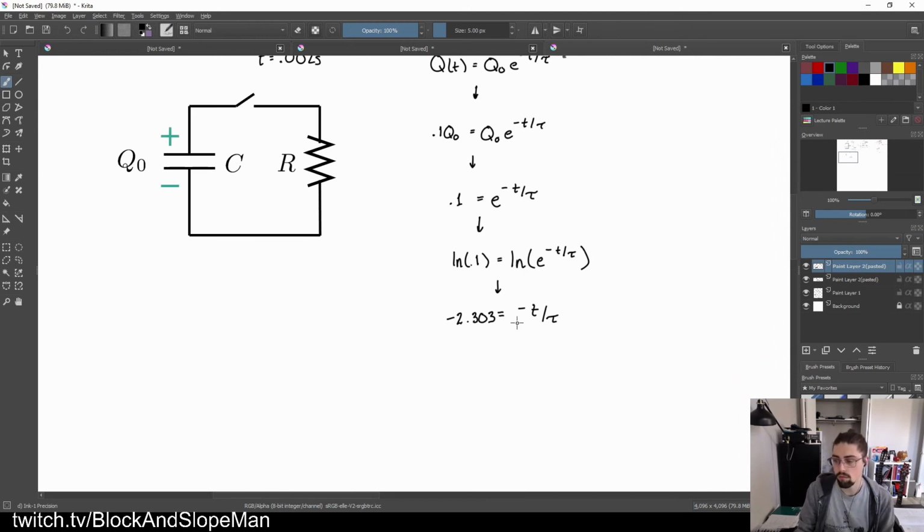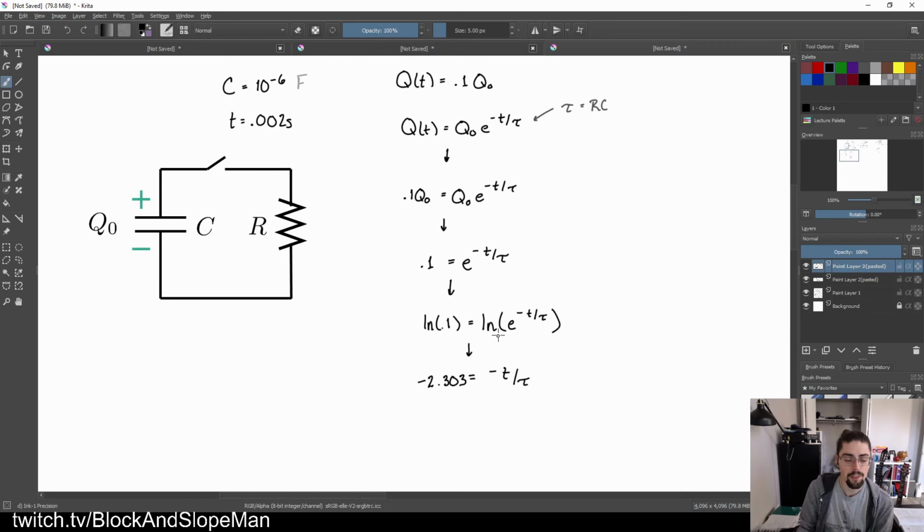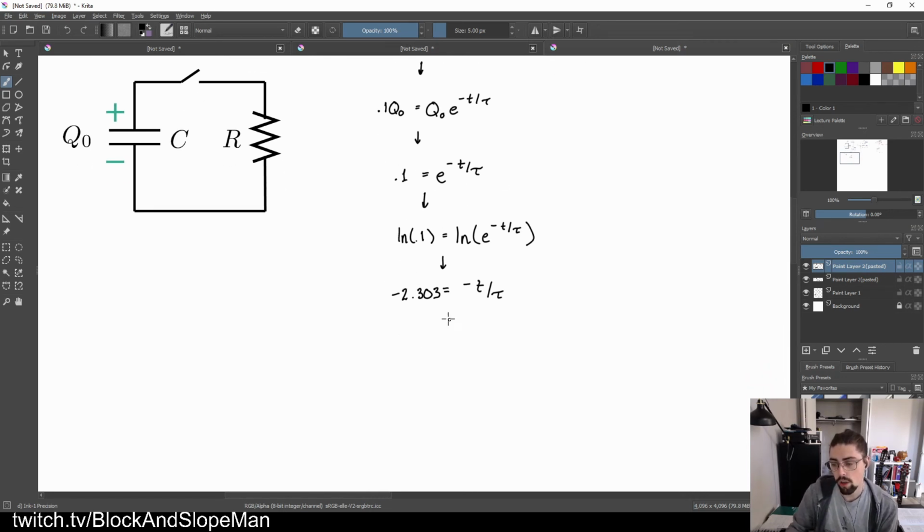Now that I've gone all of this way, it's probably a good time to replace tau with my RC definition, but for now, it's simplified just a little bit. So what I can say is, okay, well, this is now 2.303 is equal to T over RC. Solving out for the resistance, go ahead and move it over. Divide by the other thing.